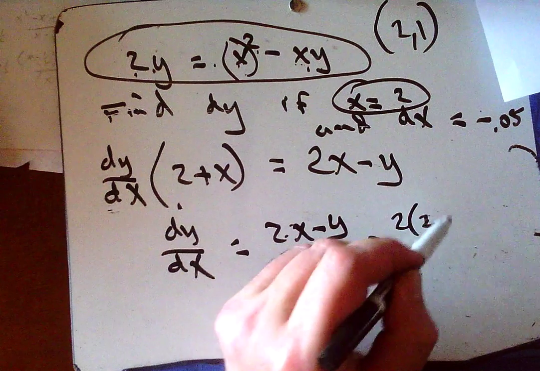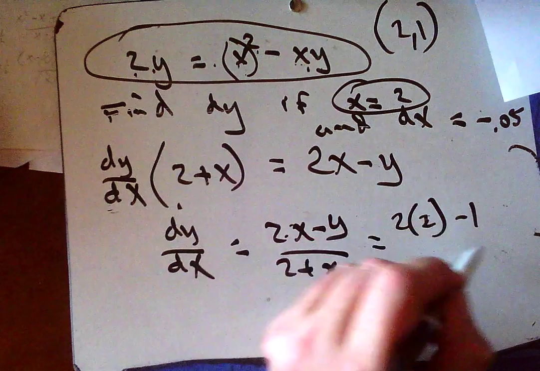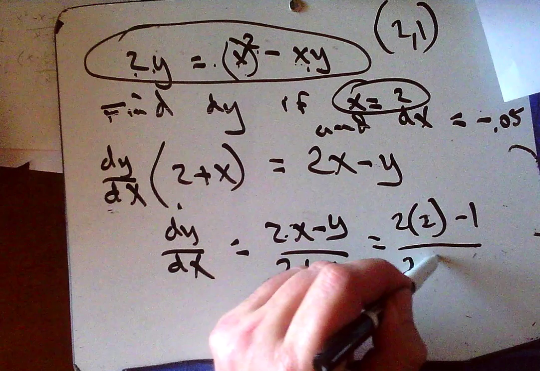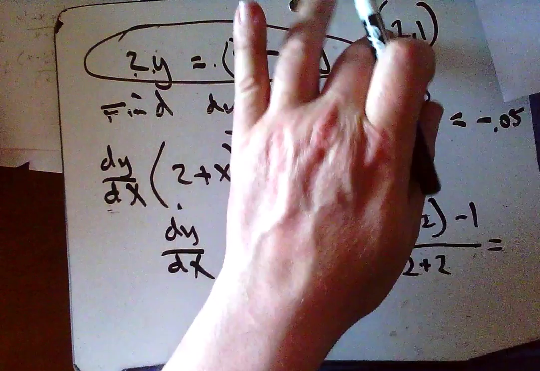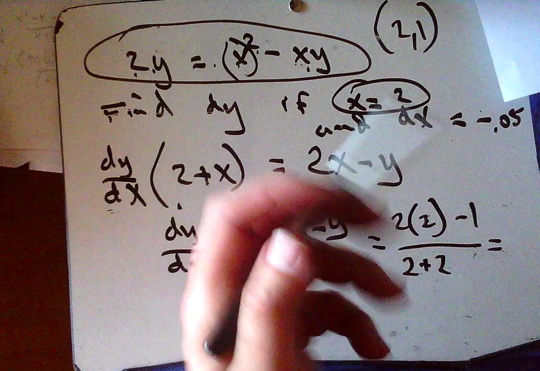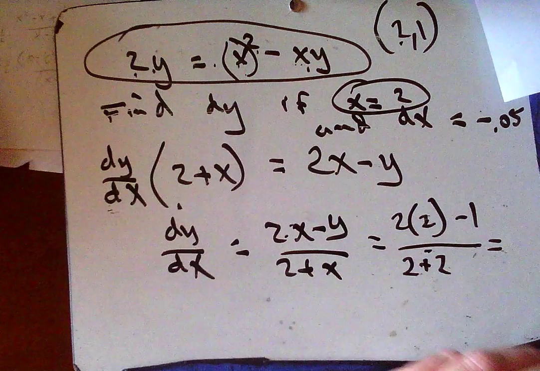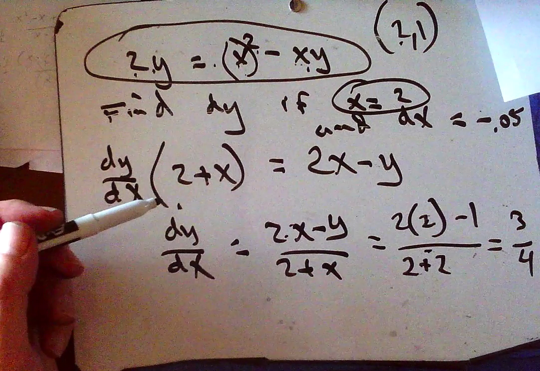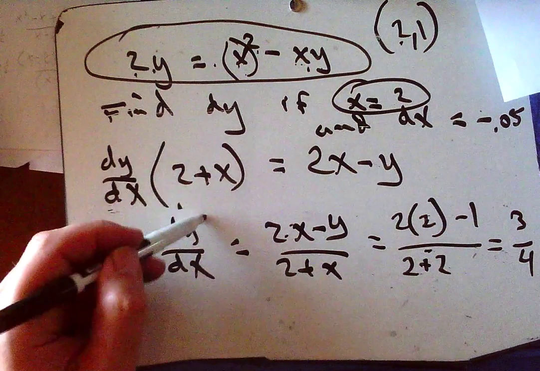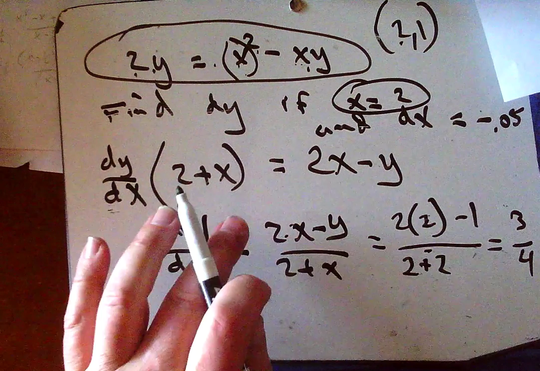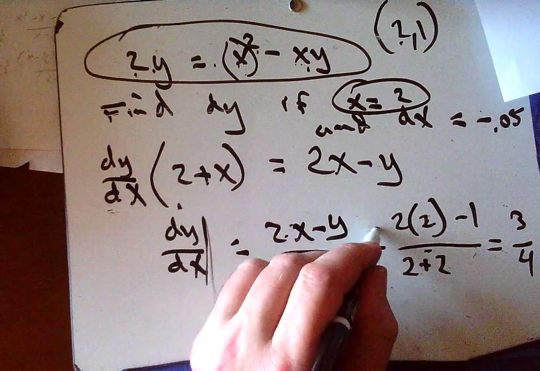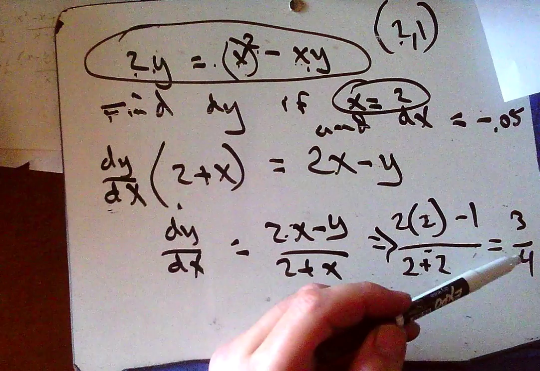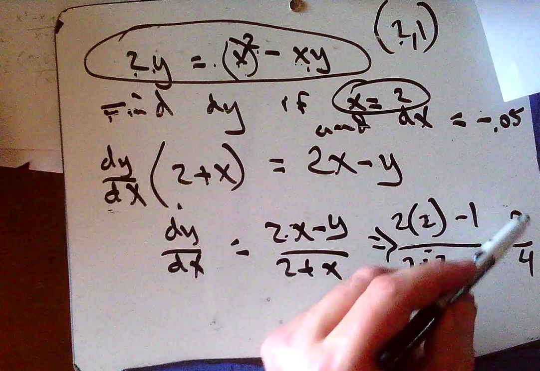Actually, the College Board really likes it when I show that plugging in, because then they know how I got that answer. Well, I've just evaluated at my point, and I have 3/4. So dy dx, or the slope at, that's going to be a linkage error. So let's do that and say that my derivative evaluated at the ordered pair is 3/4.